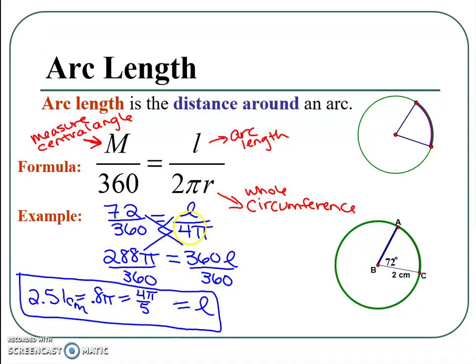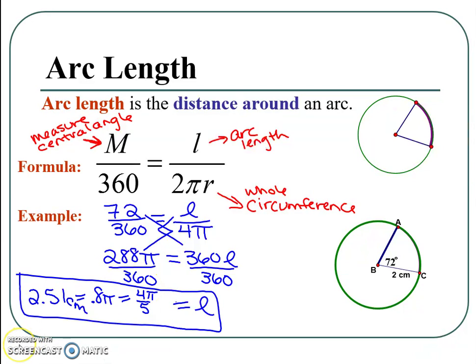And what I want you to do is solve for L by cross multiplying 72 times 4 pi, which is 72 times 4 is 288 pi, equals 360 L. We're solving for L. So you're going to divide each side by 360, and then you isolate the L. And then you're going to do 288 divided by 360.